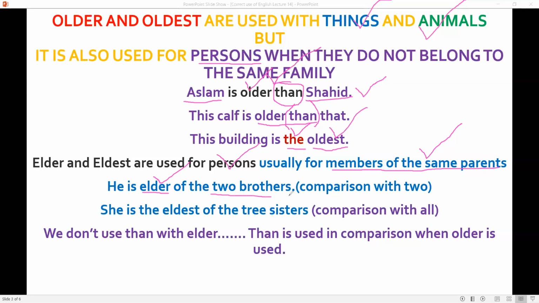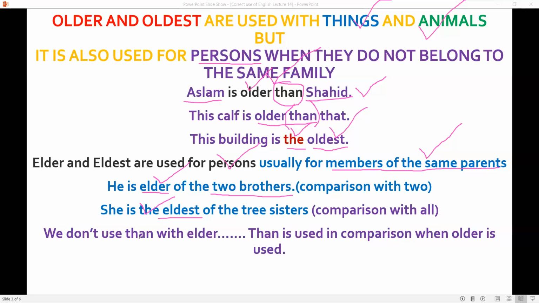When you are comparing two persons of the same family, you use elder. When you single out one person from the rest of the family, you use eldest: she is the eldest of the three sisters. She has been compared with all these sisters. Now mark the definite article with the superlative degree.